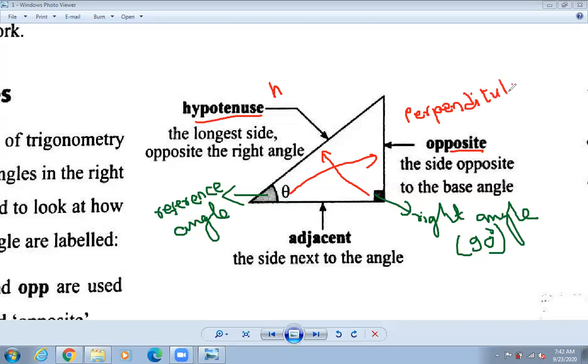I'm writing with the mouse, so it is a little bit difficult for me. So this is the perpendicular.